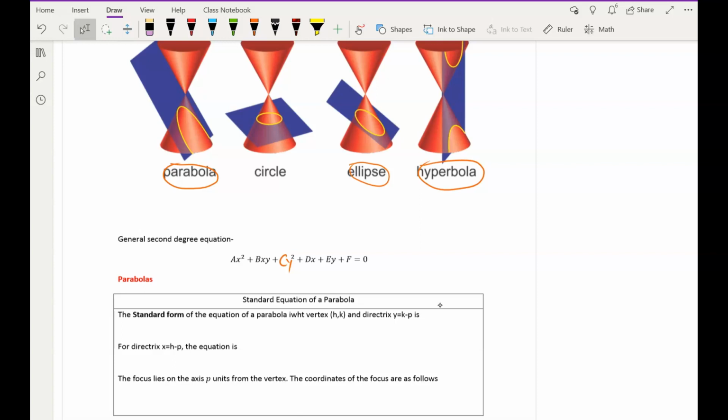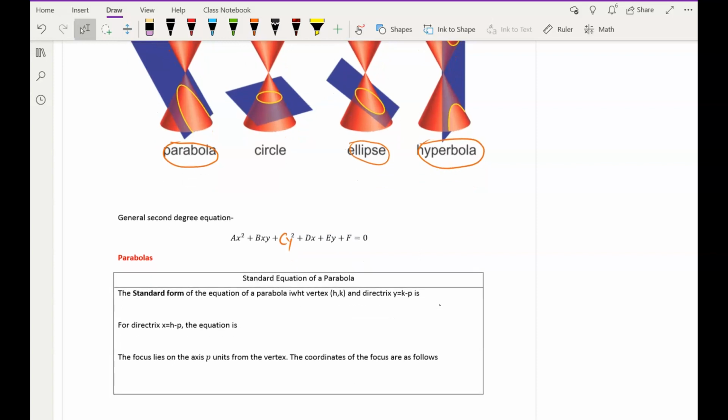But you'll more commonly see them in their locus forms, which basically just means that it's some equation that satisfies a geometric property. So we'll start with parabolas, and we'll start with the standard form of a parabola.